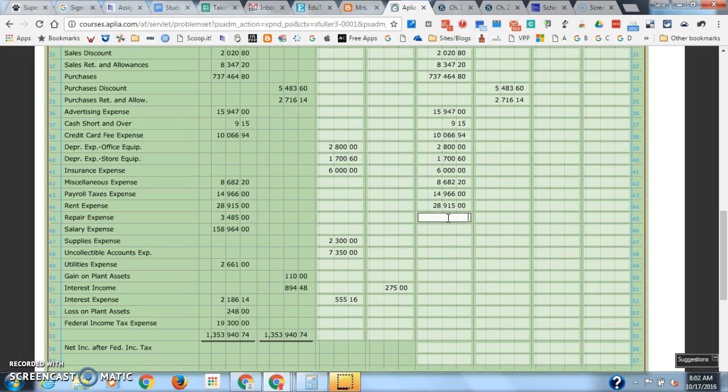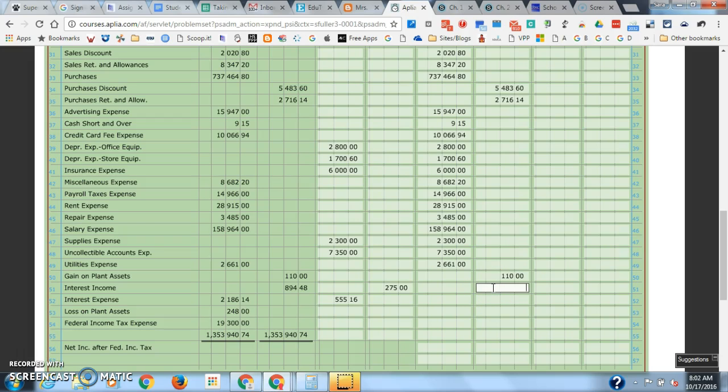Repair expense, $3,485. Salary expense, $158,964. Supplies, $2,300. Uncollectible accounts, $7,350. Utilities, $2,661. Gain on plant assets, $110.